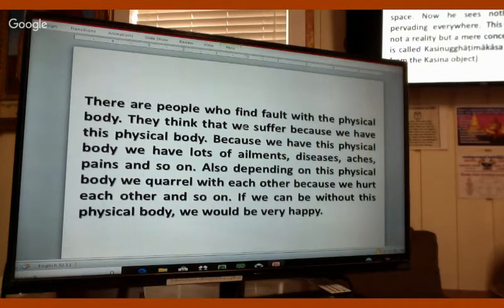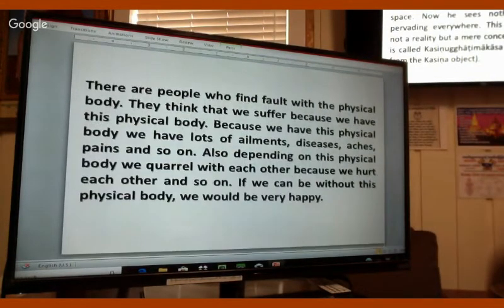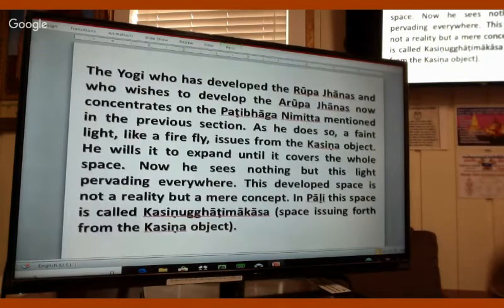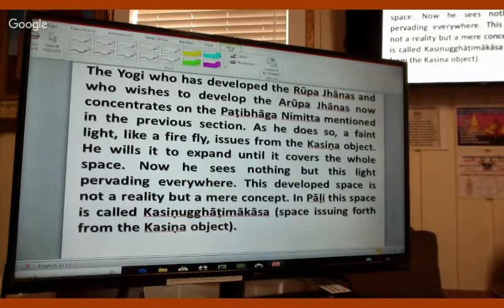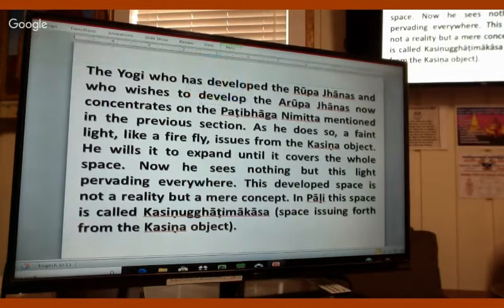Okay. So a yogi means someone who wants to practice meditation to upgrade his concentration power from the Rupavachara jhana to the Formless-sphere jhana. He needs to concentrate only on the patibhaga nimitta. We already learned the patibhaga nimitta in the previous session, the Rupavachara Chitta. So the patibhaga nimitta is a kind of conceptual image, isn't it?